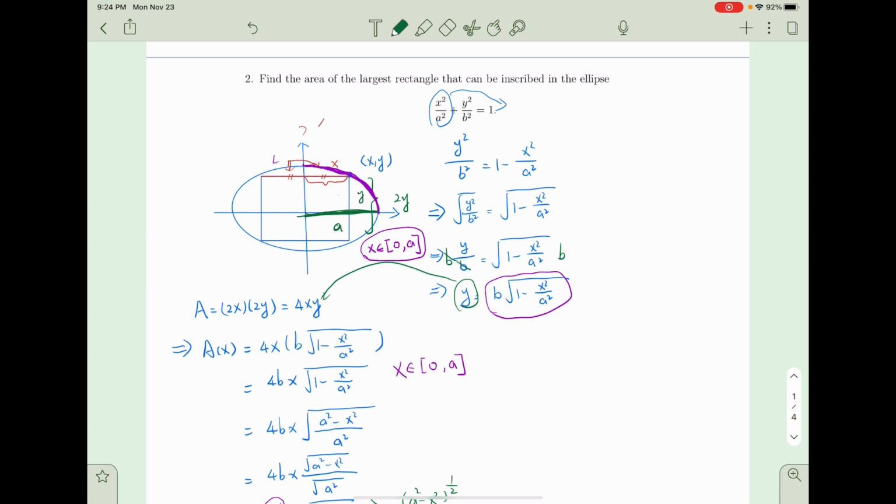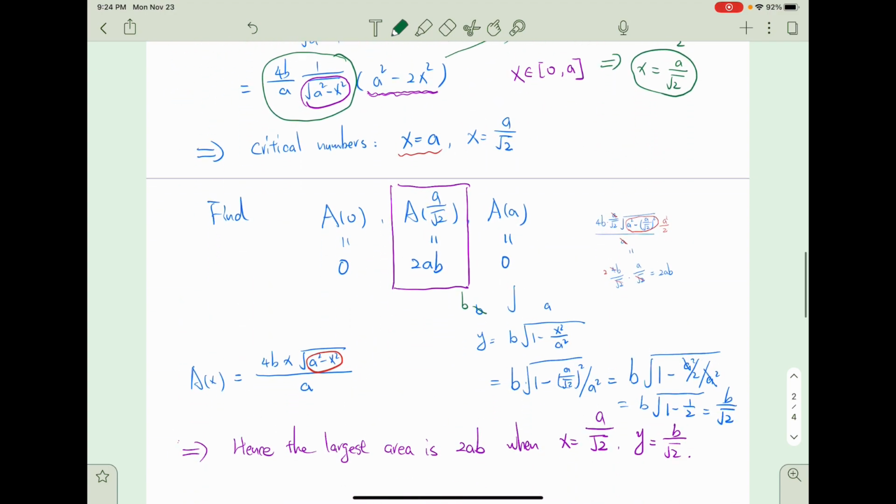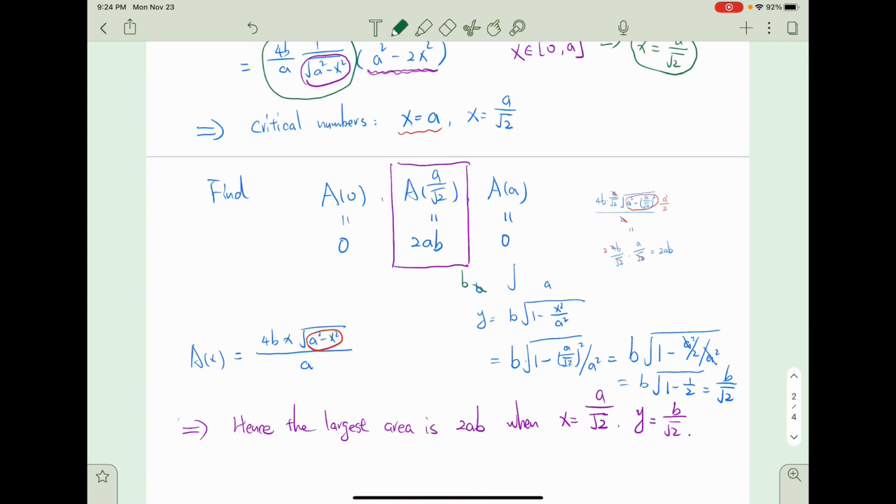So we want x equal to a divided by square root of 2. So approximately here, in this place, the rectangle will have the largest area, right? And it looks like it's true, right? This rectangle looks like it has a larger area than the previous rectangle. So that is what it means in our original diagram.